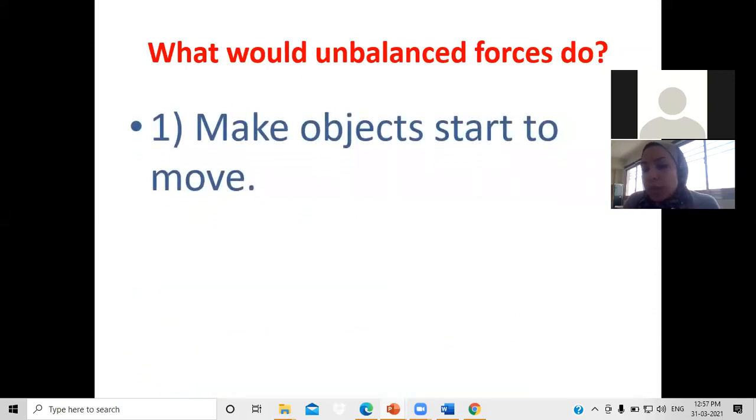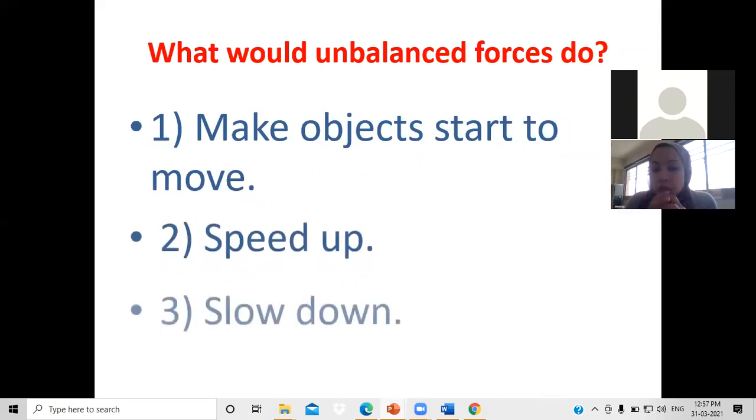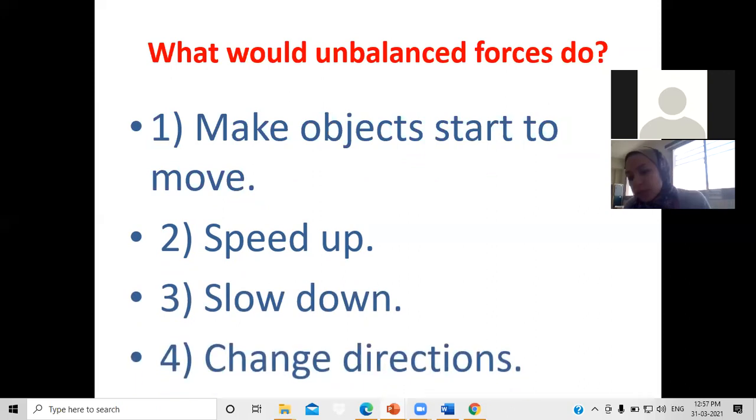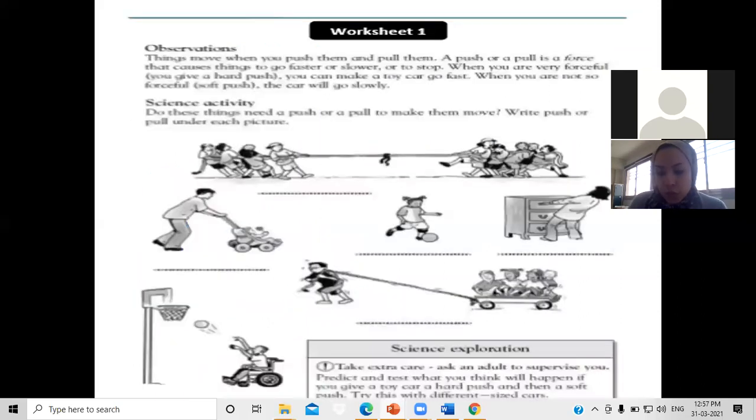Or it could be the cause to speed up or slow down a moving object, or sometimes the cause of stopping a moving object, or maybe sometimes to change its shape. So the unbalanced force is the type of force that causes all of these changes. The balanced force will not cause a change.